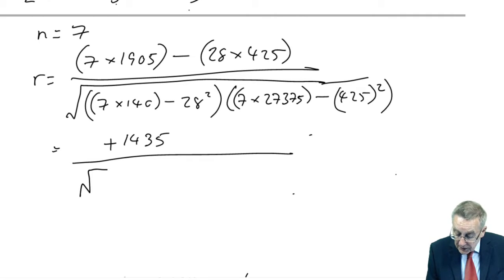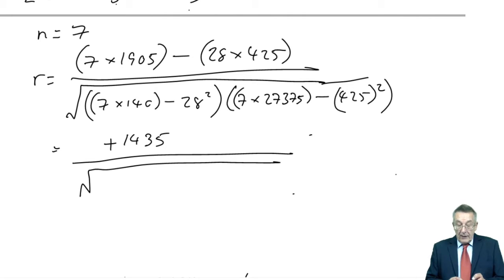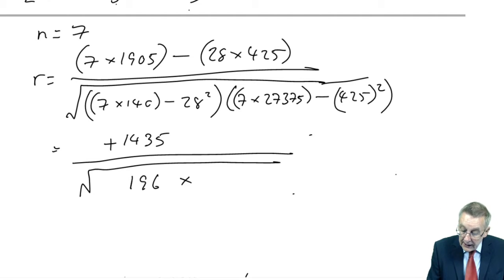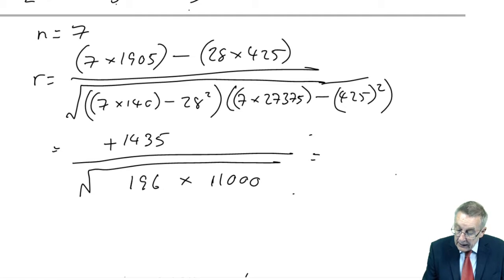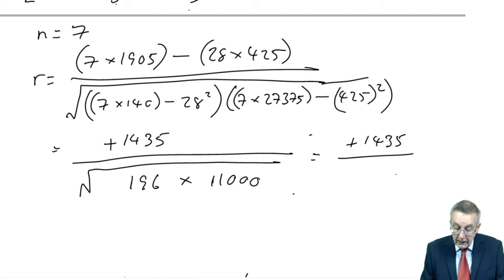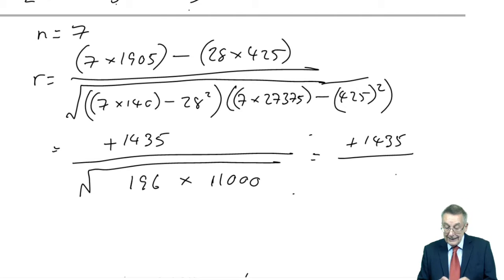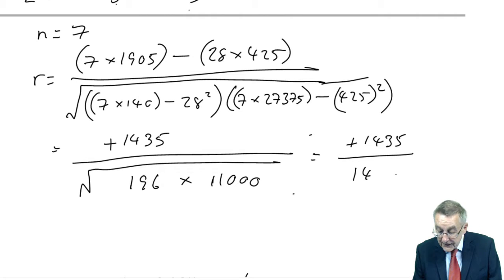Divided by the square root of 7 times 140 minus 28 squared, which is 196, times 7 times 27375 minus 425 squared, 11,000, which is 1435 over 1468.